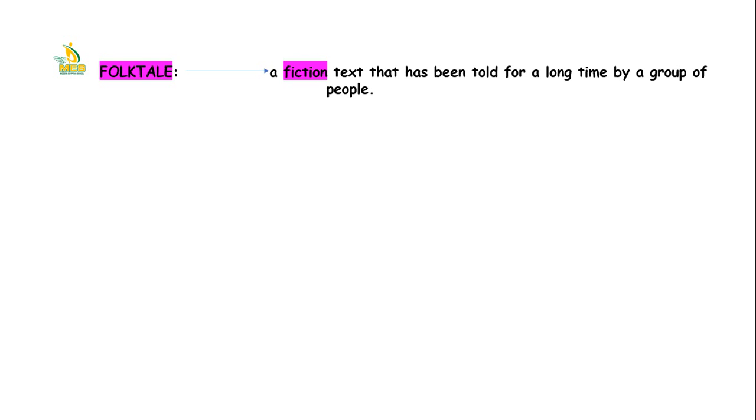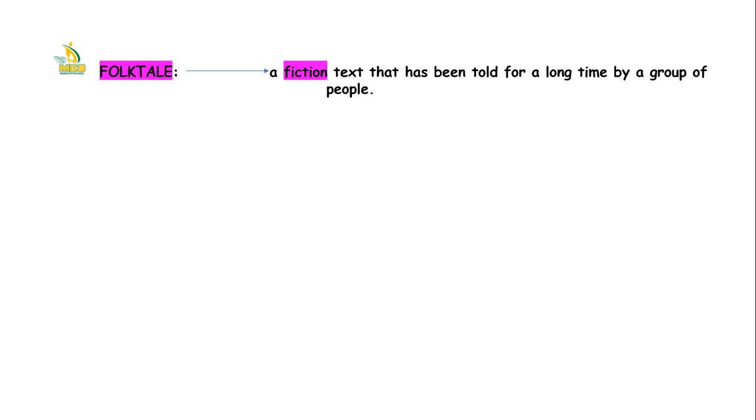So, a folk tale is a fiction text because it is not real. A fiction text that has been told for a long time by a group of people. For example, when I was a child, my grandparents used to tell me folk tales. They didn't make them up. Somebody else made them up. Who? We don't know.